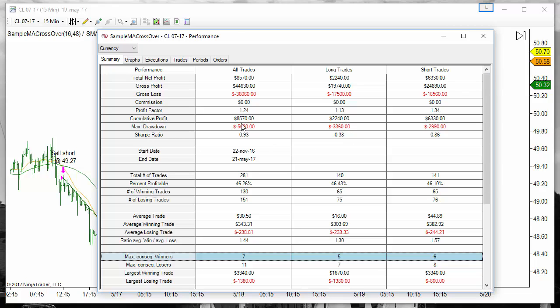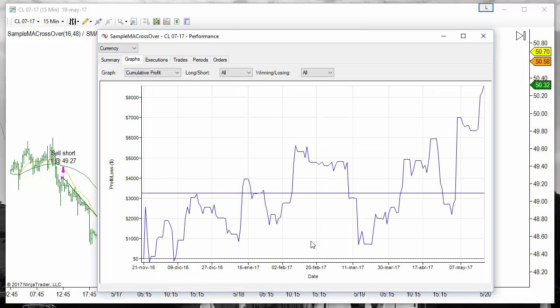Another important factor is the maximum drawdown, which in this case is very high. If we look at the equity curve, the maximum drawdown is the distance, for example, from this top to this bottom.